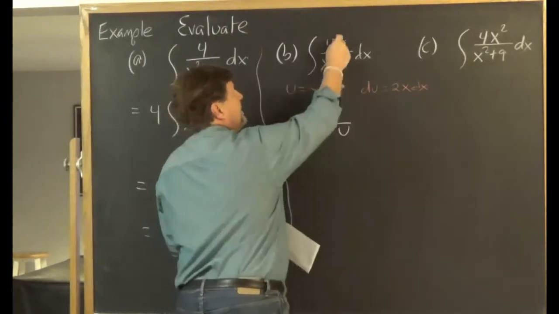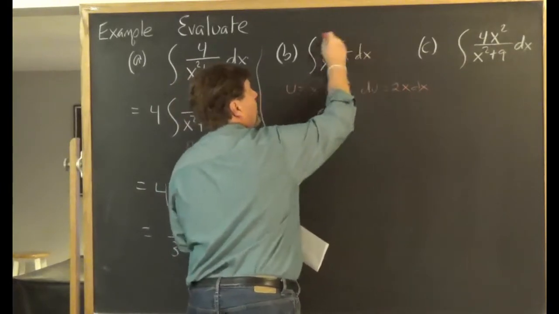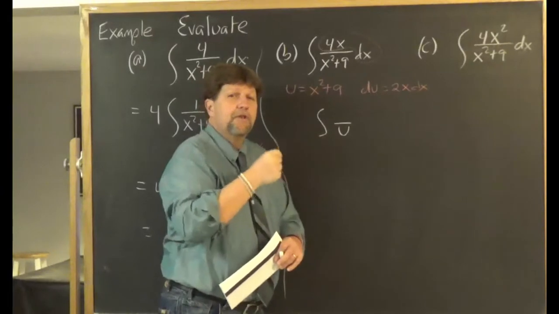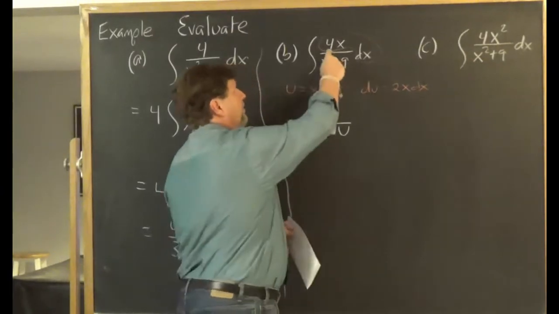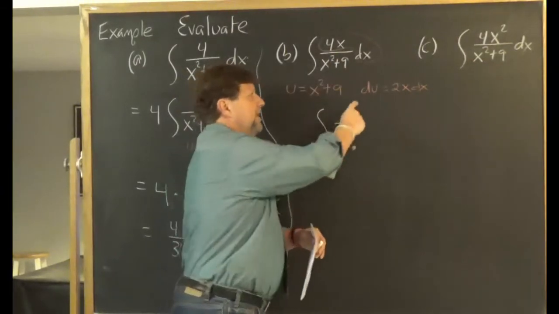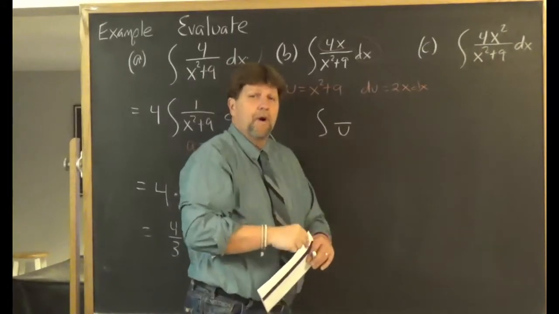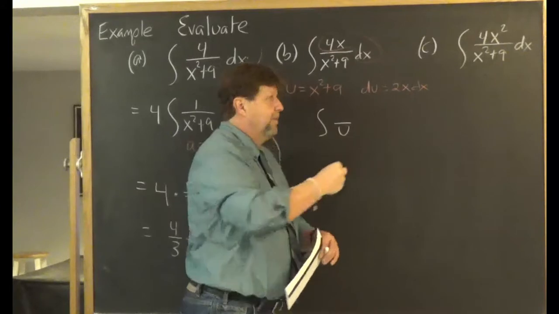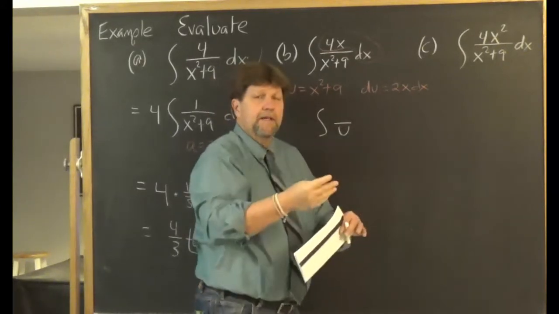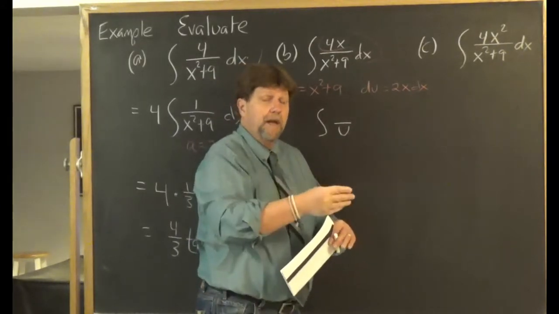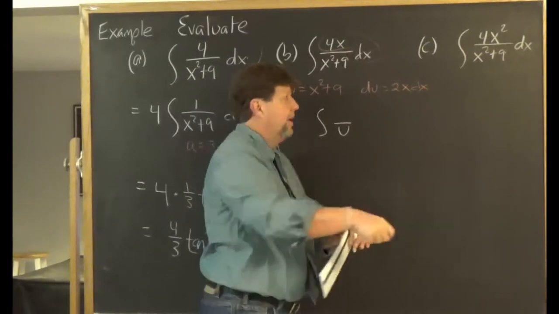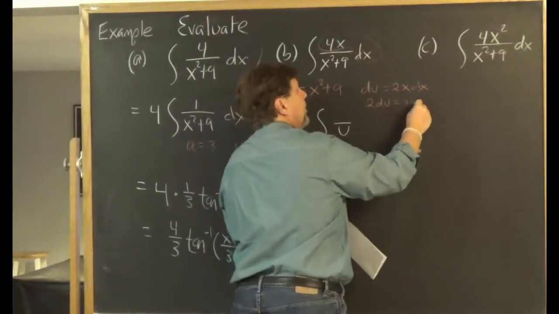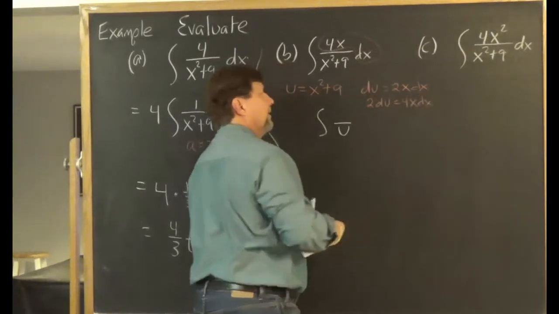Now I still need to take care of the 4x dx. I can't substitute du in for 4x dx because du does not equal 4x dx. du equals 2x dx. But this is an equation, so I can treat it as an equation, which means I can multiply both sides of it by 2 to get 2 du equals 4x dx.